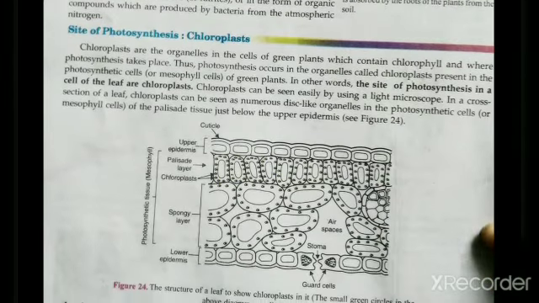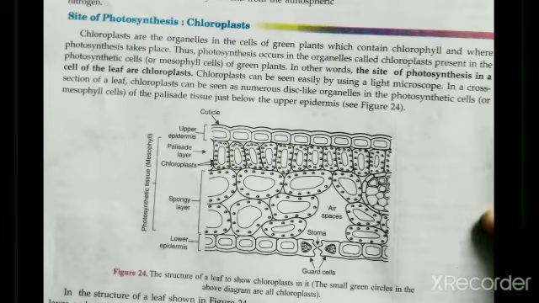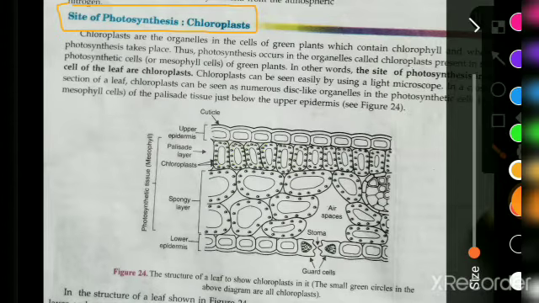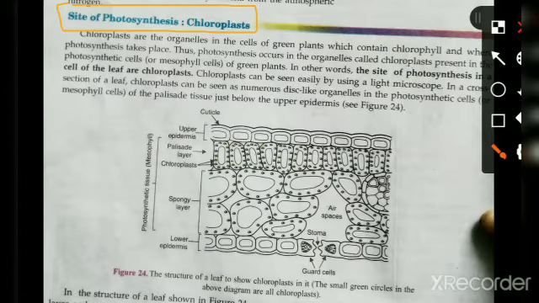So now we study about the site of photosynthesis, means where photosynthesis takes place. The chloroplast is the organelle which is present inside the green plant leaves, and it contains a pigment which is known as chlorophyll, where photosynthesis takes place, and this is the site of photosynthesis.